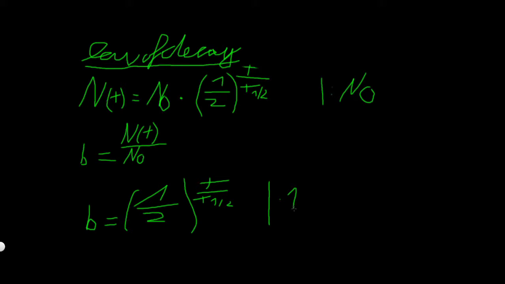We do times 1 to the power of t 1/2 divided by t. Why do we do this? Of course, this would give us here the possibility of t 1/2 and here t, which would then cancel out both.